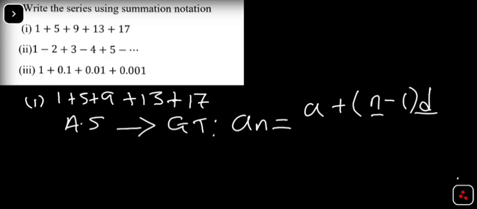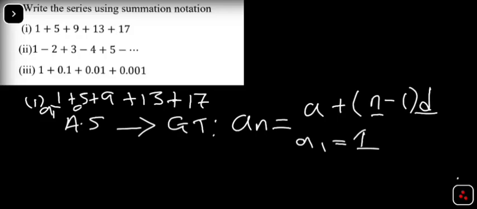As you can see here, our first term is equal to 1. For the common difference, you look at the difference between the terms. The first term is a1; in other books they use t. It can be t or a.